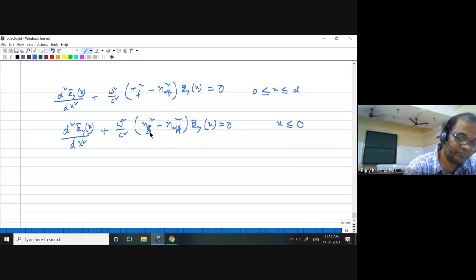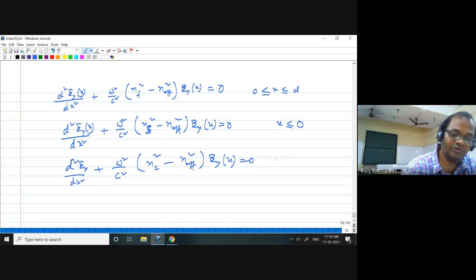This is S, and d²EY/dx² plus omega square by c square (nc square minus n effective square) EYX equal to 0. That is valid only for x greater than or equal to d. The equal sign is needed because that boundary is shared by both media. We'll explain that later. This will be d.